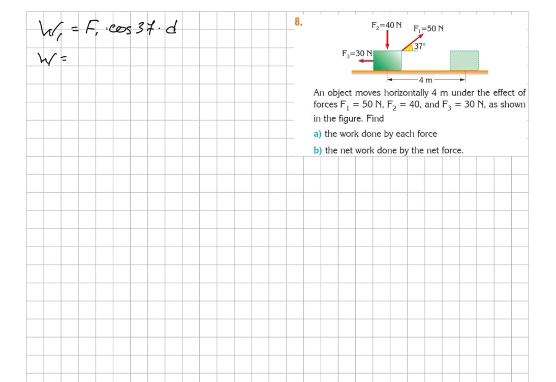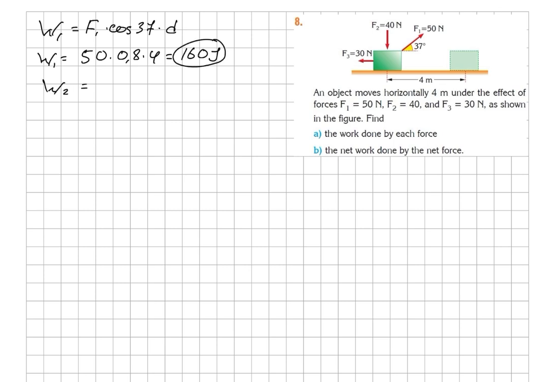So work 1 will be equal to 50 times cosine, 0.8, times 4, which is I think 160 joules of work.